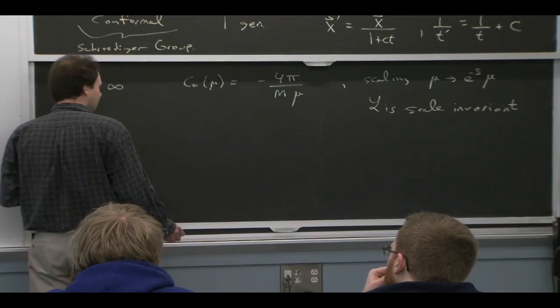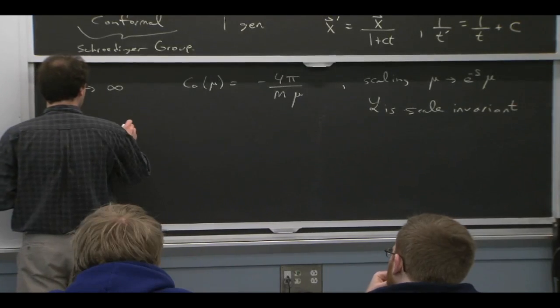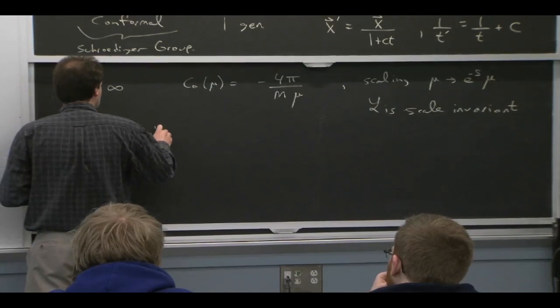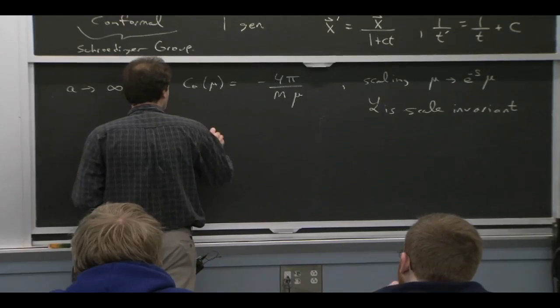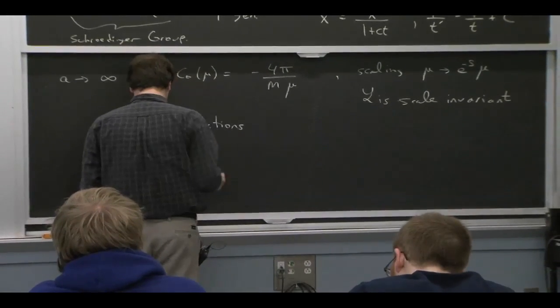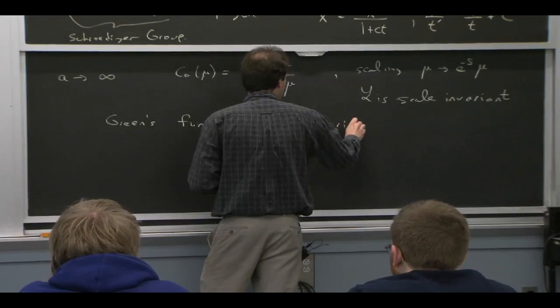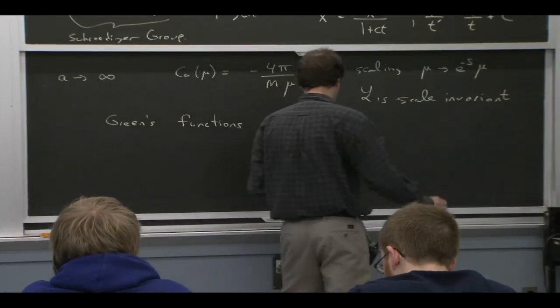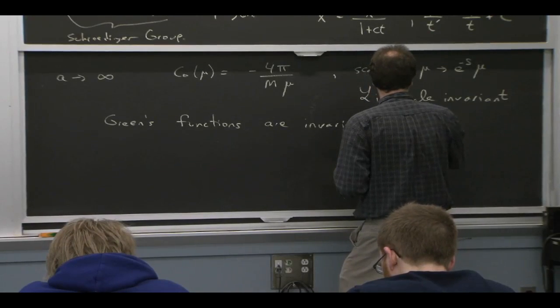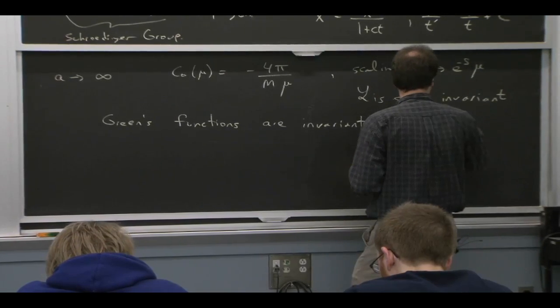It's a little harder to see that it's conformal, but you can work that out too. Scale invariant theories tend to be conformal invariant, and the same is true of this non-relativistic conformal invariance.